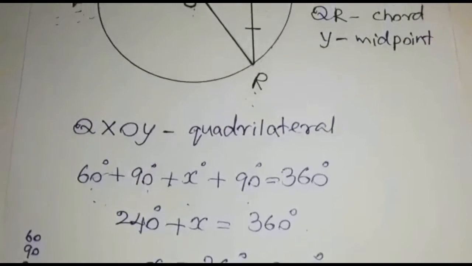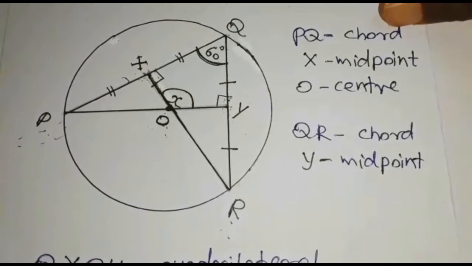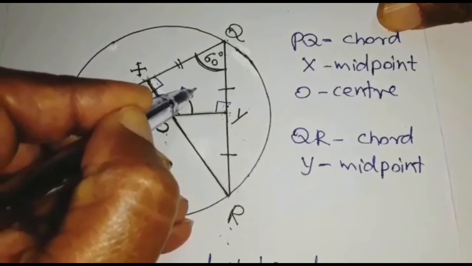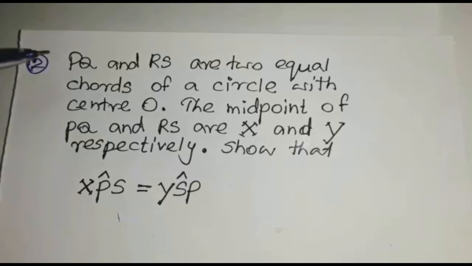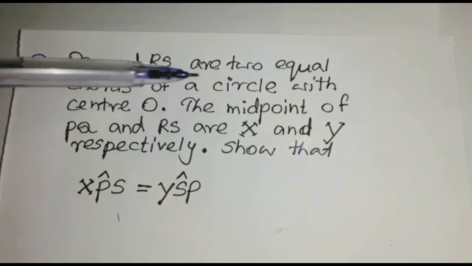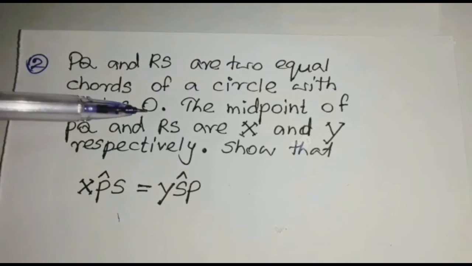So we can write here x equals 120 degrees. Second one: PQ and RS are two equal chords of a circle with center O.